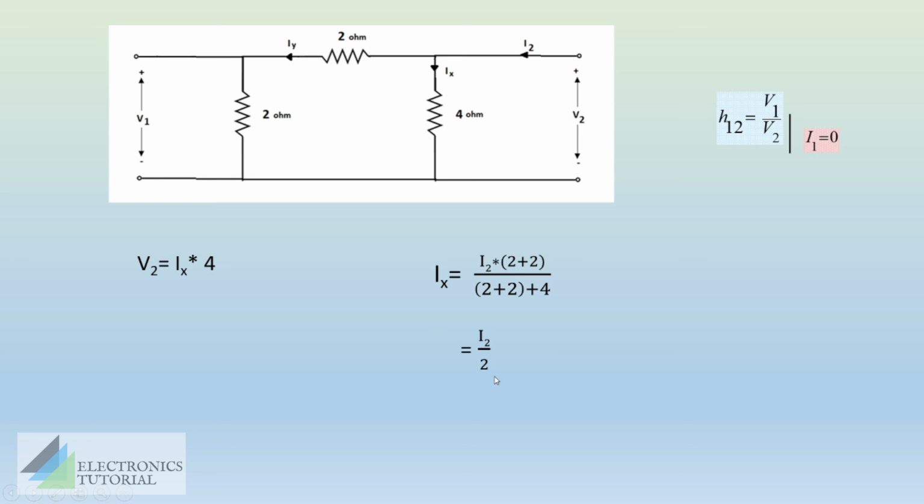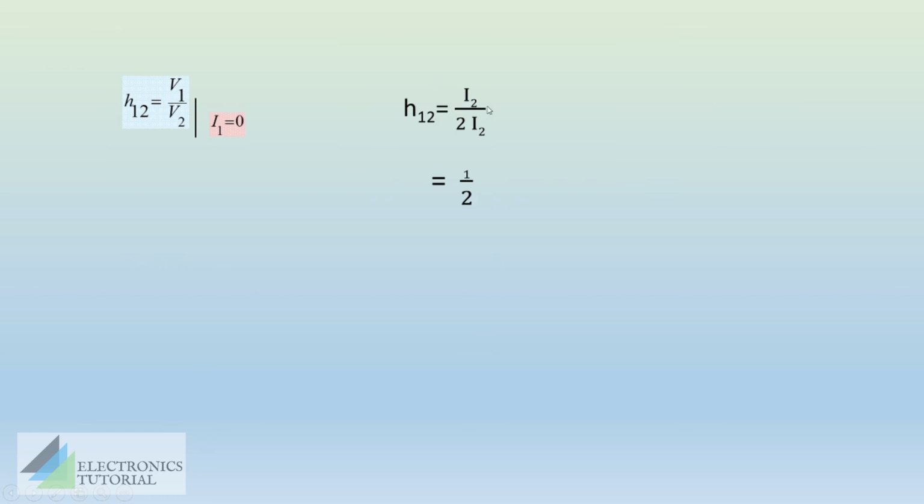Now we can substitute this value into this expression. V2 is equal to I2 by 2 into 4, that is equal to 2I2. Now we'll try to complete the expression for H12 by substituting V1 and V2 values. We got V1 as I2 and V2 as 2I2. By simplifying, we'll get it as 1 by 2.